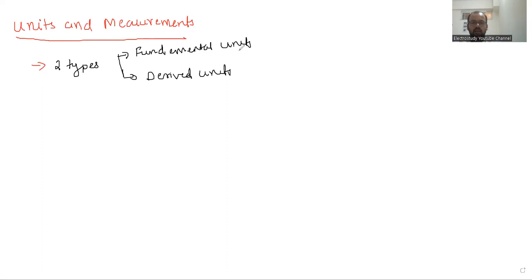What do you mean by fundamental units? Kilogram, then meter, seconds. These are called fundamental units.